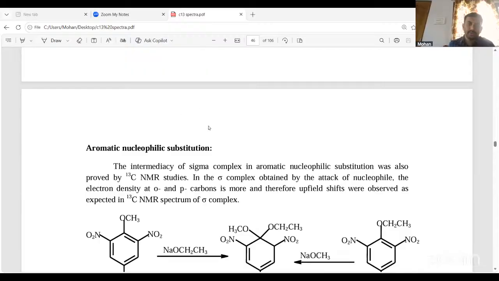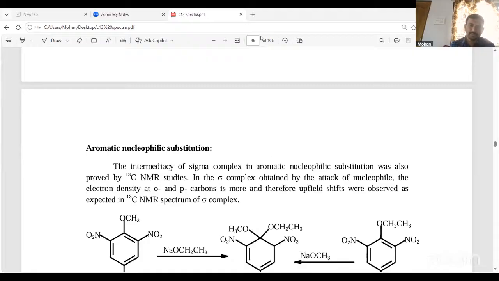So, in the last class, we discussed a few of the applications of C13 spectra. I think it is a very important question from the exam point of view.